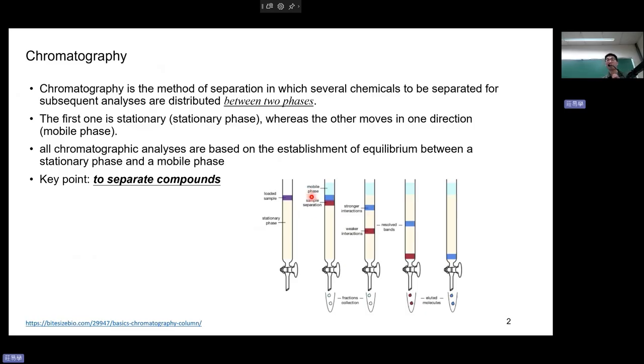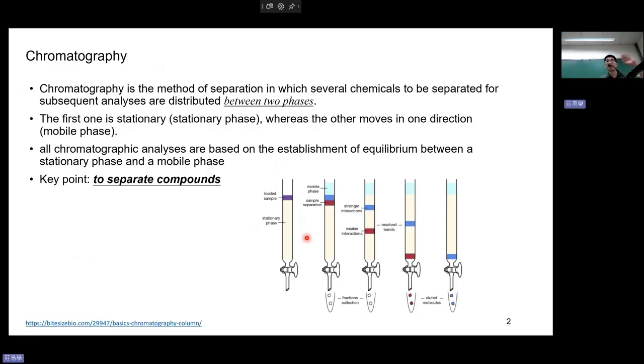Let me repeat my question. So a chromatography column is something like this, and you have some solid packed material inside. When you load a mixture of compounds into a column, gravity is driving the whole mixture moving down. And when this happens, when the mixture is moving downwards, the compounds get separated.